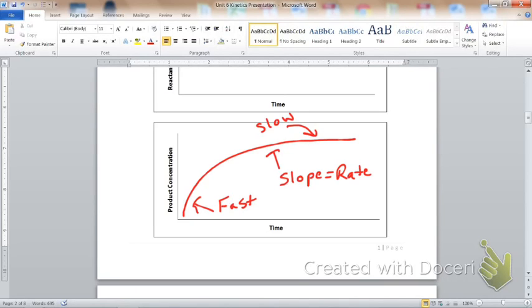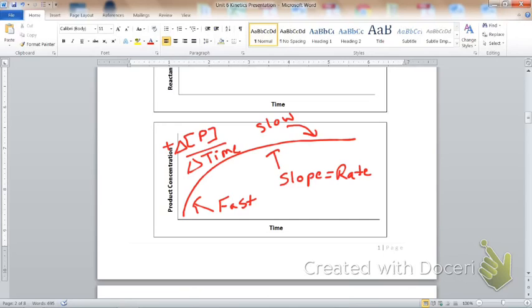So again, the rate of this is just the change in the concentration of the products over the change in time. And the slope is positive because we're producing more product. All right, so these are two important graphs.